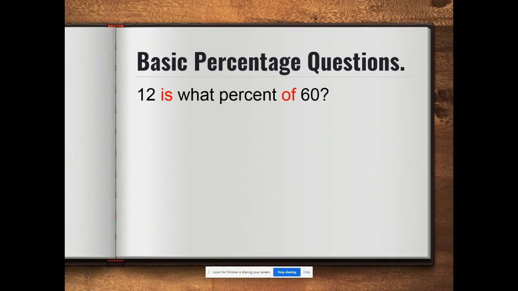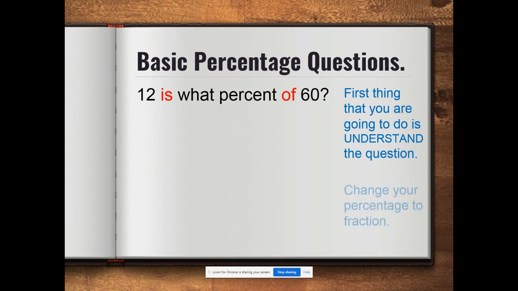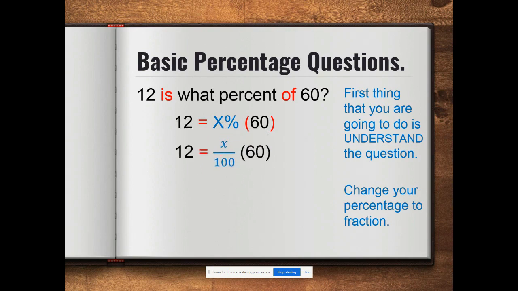Next, the third question. 12 is what percent of 60? Again, understand the question and change your percentage to fraction. So 12 is equal to x percent times 60. Change your percentage to fraction. So 12 is equal to x as your numerator and over 100.